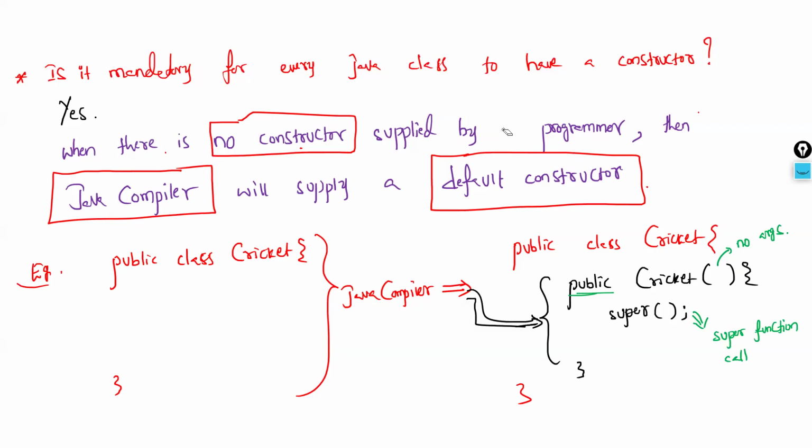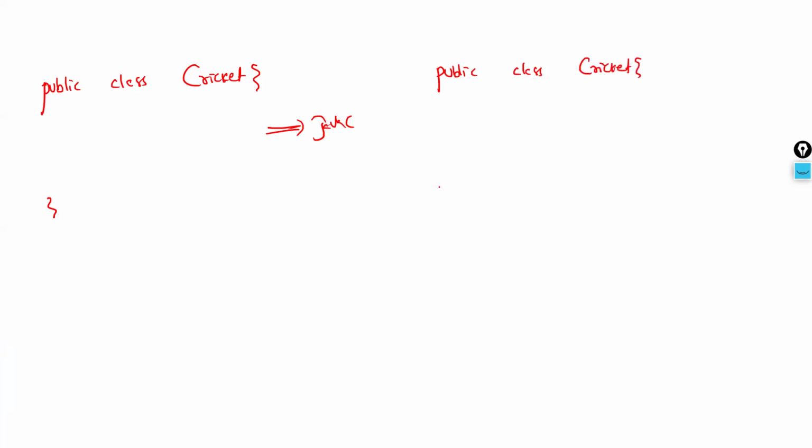Yeah, so one more important point is there. I'll go to the next slide. Let me write the same things a bit quickly. Public class Cricket. Inside this, the programmer is not writing anything, but at compilation time, the Java compiler will add the same thing. Public class Cricket. Then inside this, what will the compiler add? The default constructor.